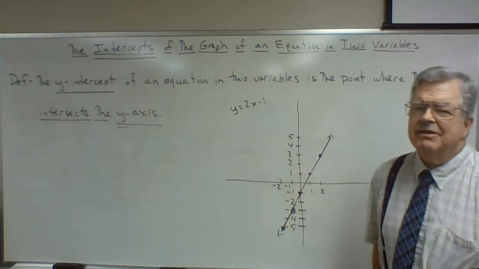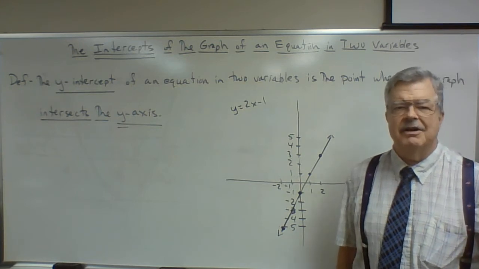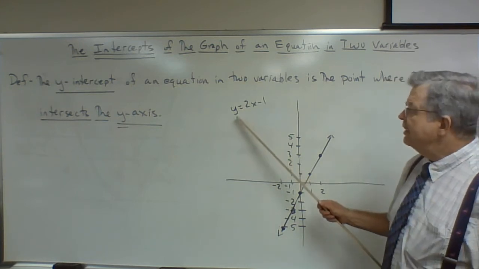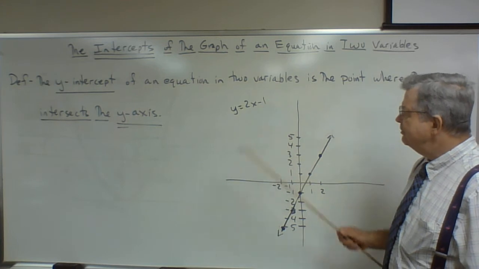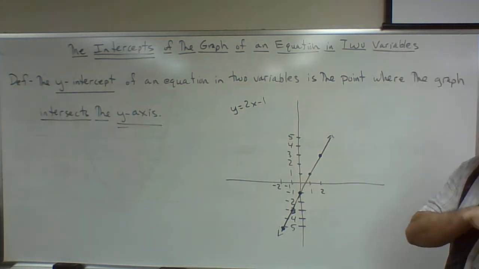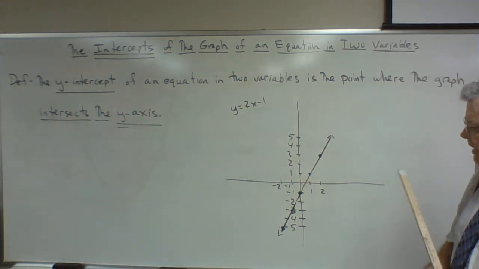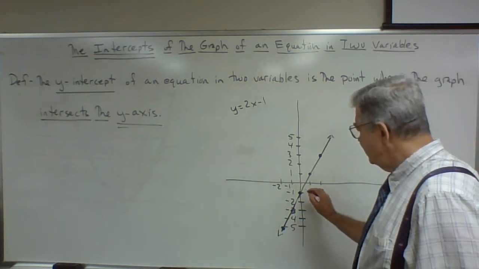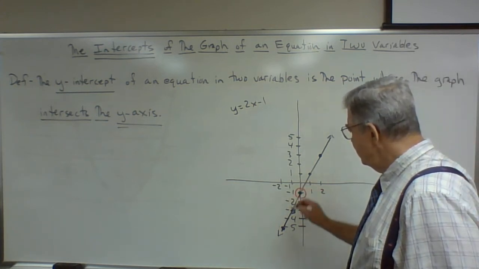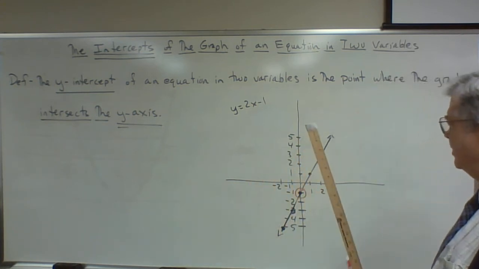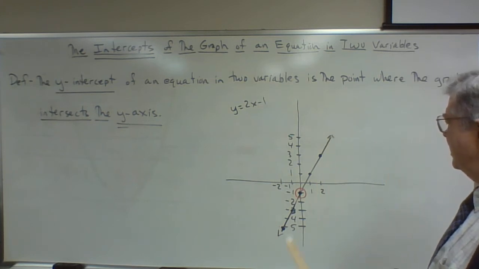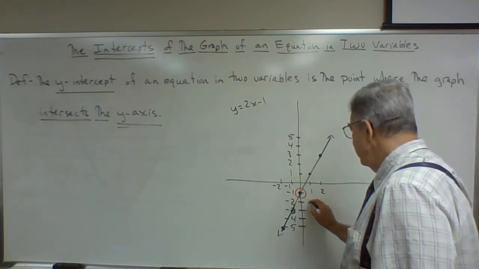And let's look at the example that we just got done doing. The equation y equals 2x minus 1. And if we remember, the graph crossed the y-axis right at the point x equal -1 and y equals 0.